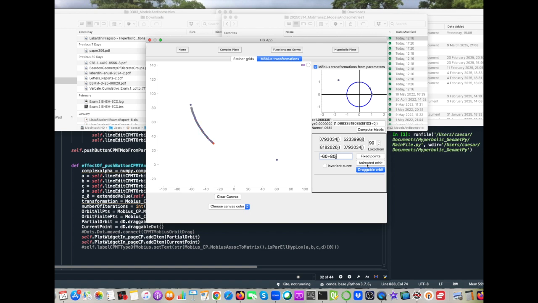Kind of slowly for sure, but surely getting close to the other one. And then this looks like a circle segment from this point to this point.